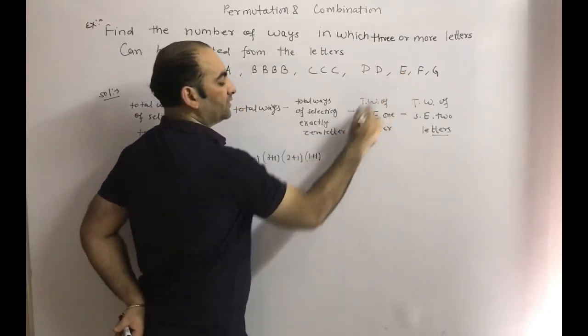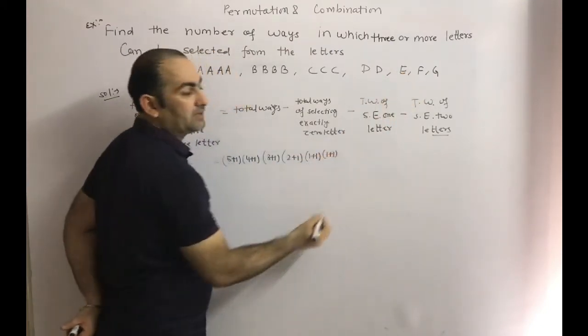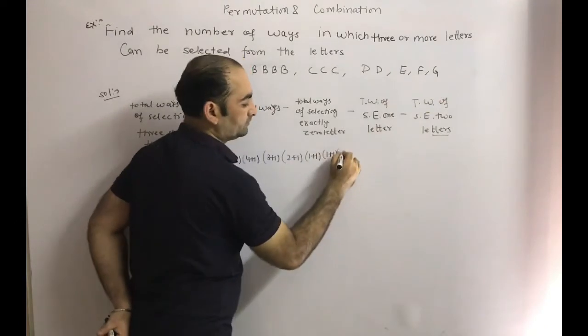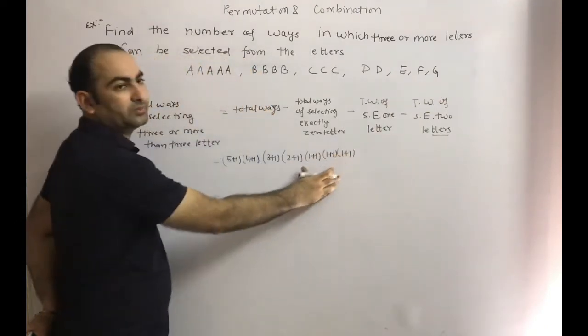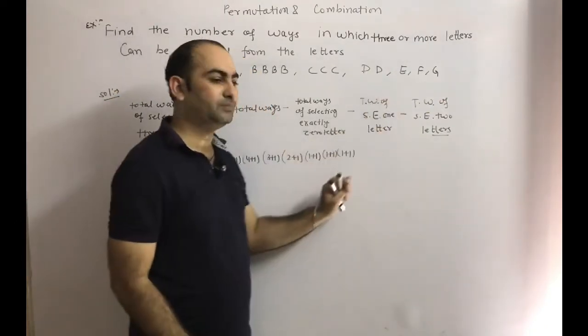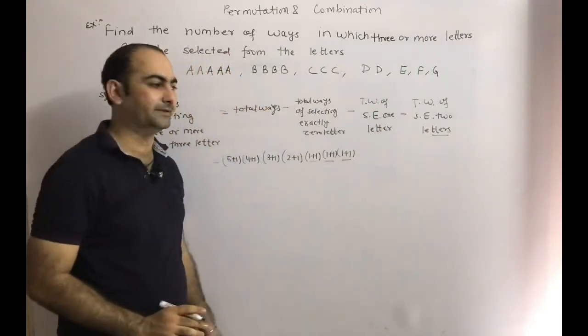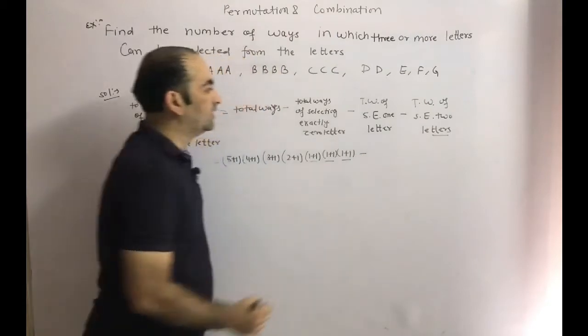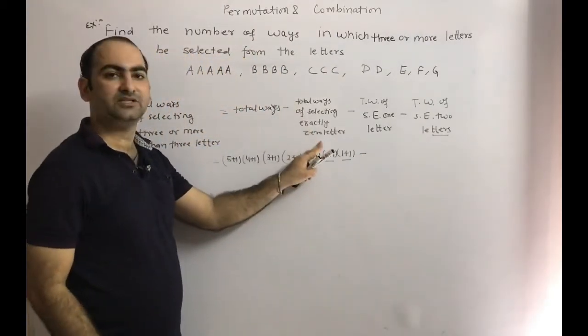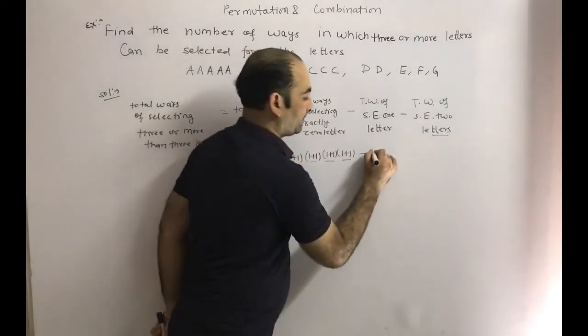Similarly, selection of F is 1 plus 1, and selection of G is 1 plus 1. Okay, this we can do directly also because there are 3 distinct letters, so 2 power 3 will come. Here also we will get 2 into 2 into 2. So we will get 2 power 3, minus the total ways of selecting exactly 0 letters, so that is 1 way.